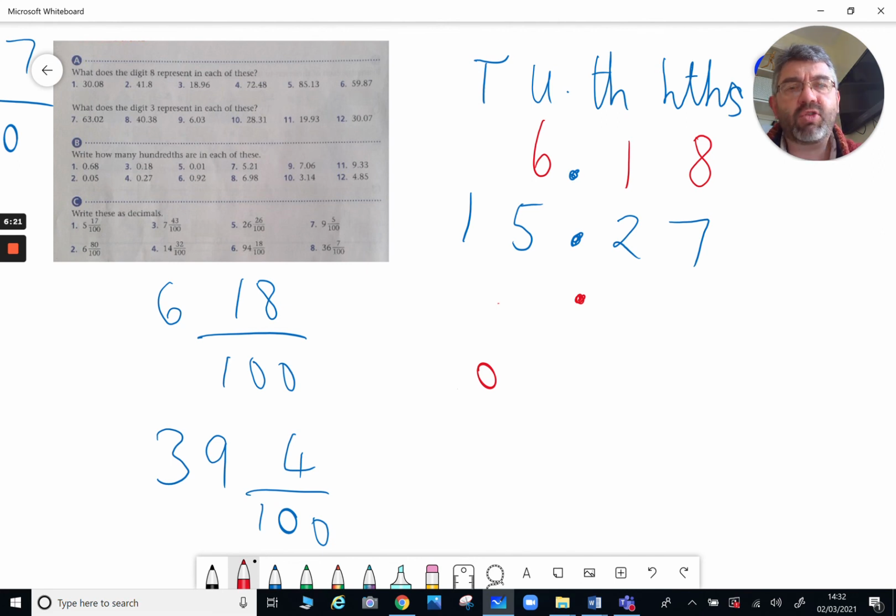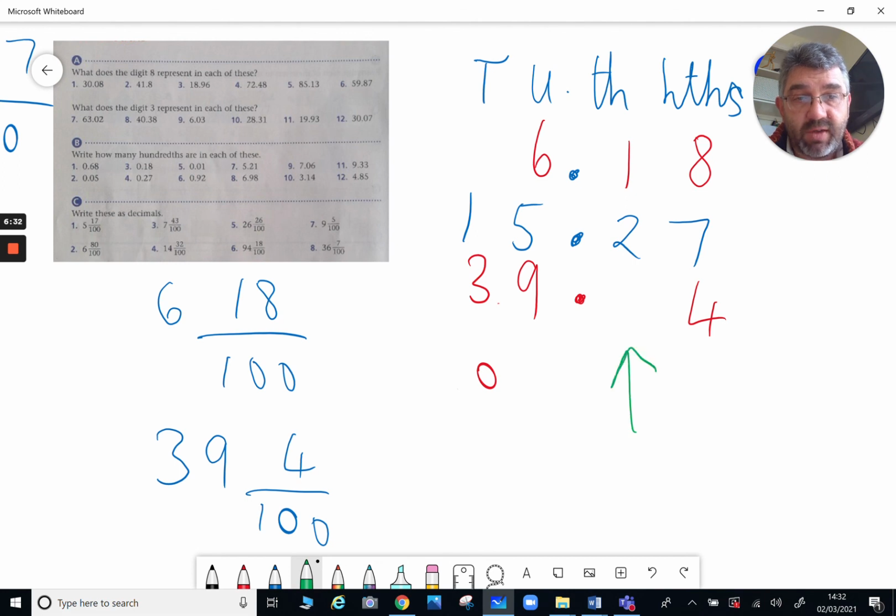There's your 39, 4 hundredths. Job done? No. Don't forget, when we look at decimals, you're not allowed to leave empty spaces after a decimal point. It's going to be filled with a 0. So your 39 and 4 hundredths is 39.04. Watch out for the naught bit. Have a go at those, and hopefully we'll all be back in school next week.